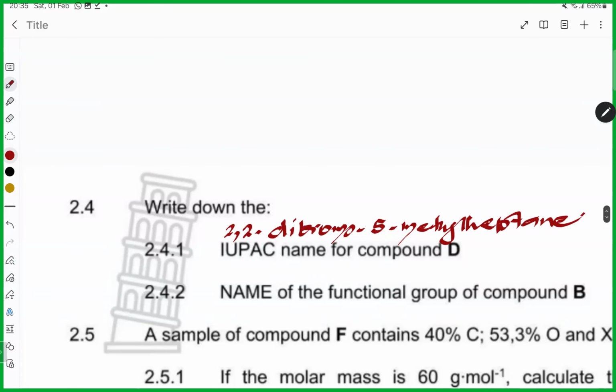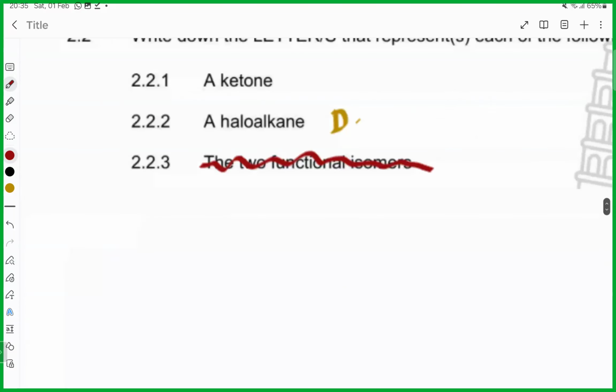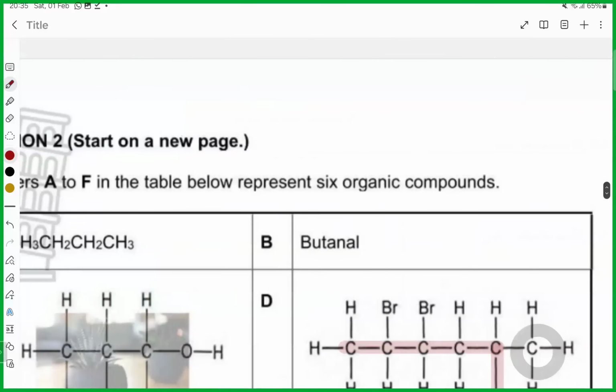And I want you all to read this carefully. Name of the functional group, not the name of B. They don't want the name of B. They want you to identify the functional group in B and just give us the name of that functional group. So let's go to compound B. There's compound B there.